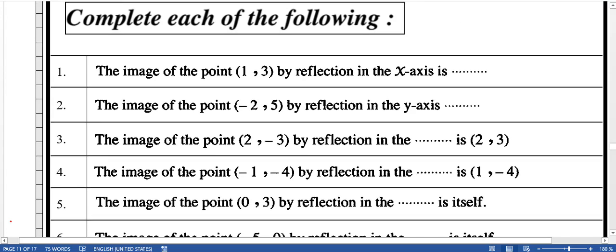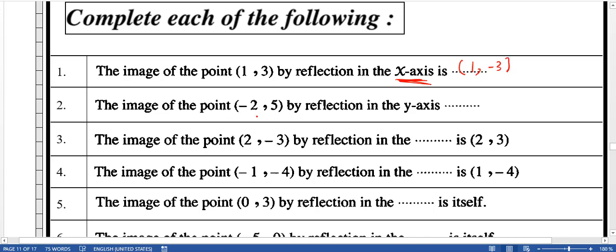Complete the following. The image of the point 1 and 3 by reflection in the x-axis. We'll change the y coordinate, so the image will be 1 and negative 3.